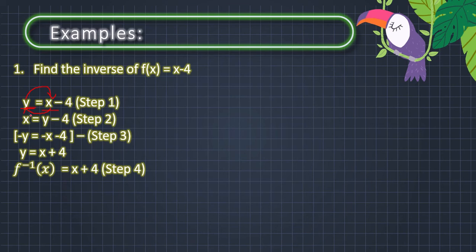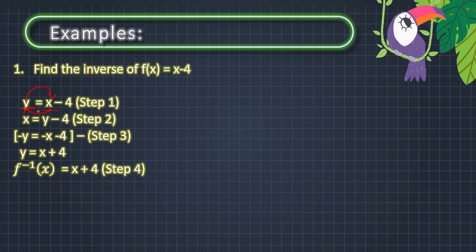No, it is not allowed. Just simply copy its original form as we interchange the variables x and y. So as you can see here in step 2, we already interchanged the positions of x and y.